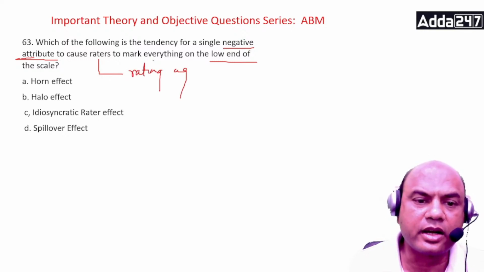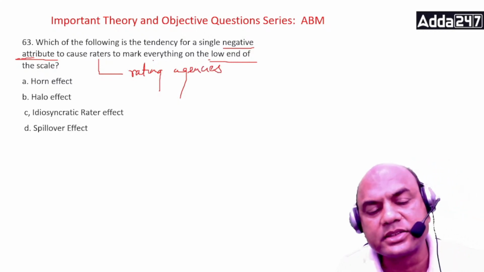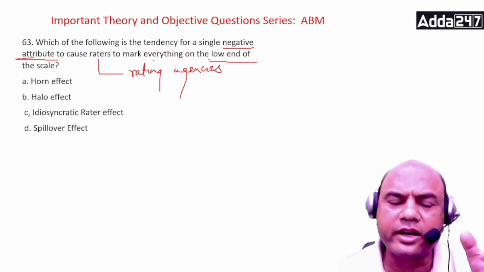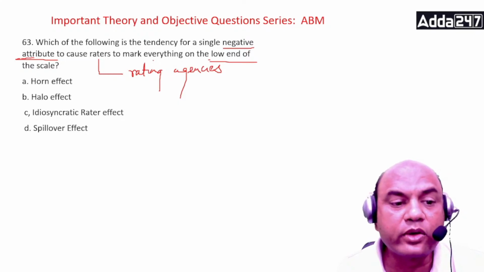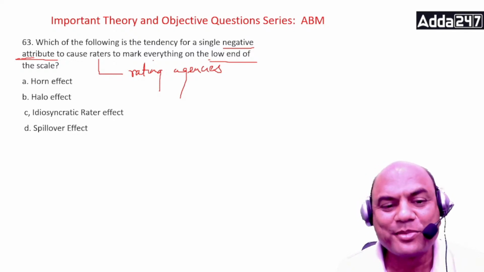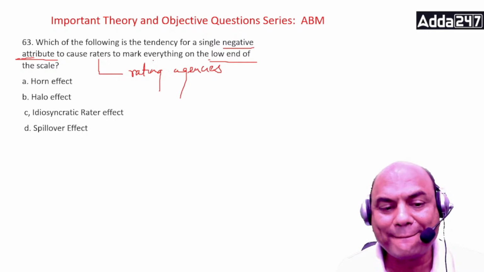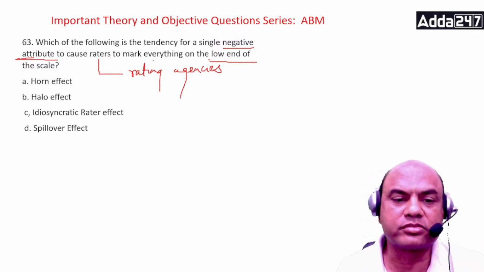So that will lead these rating agencies to give you the low end of the scale, means I'll give you the lowest rating. Which effect? Horn effect, halo effect, idiosyncratic rater effect, and spillover effect. Many of them you might have heard for the first time, right? Okay, but it's a part of your portion also.